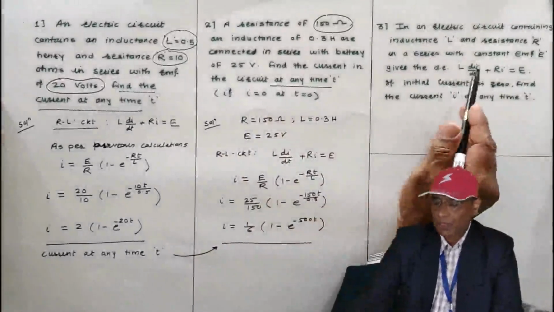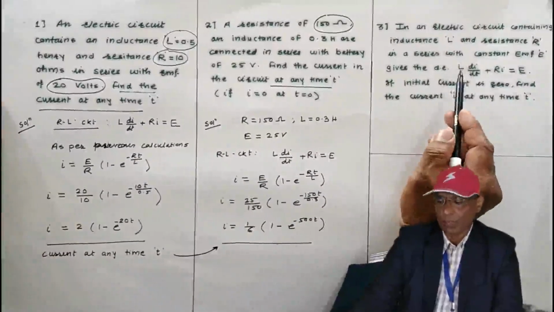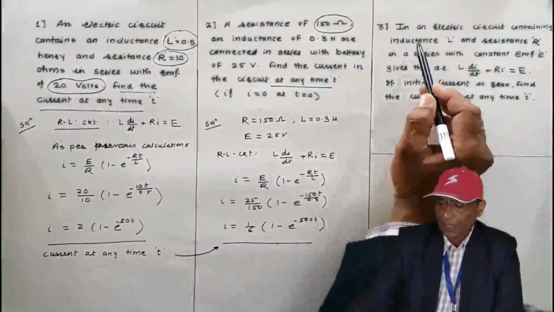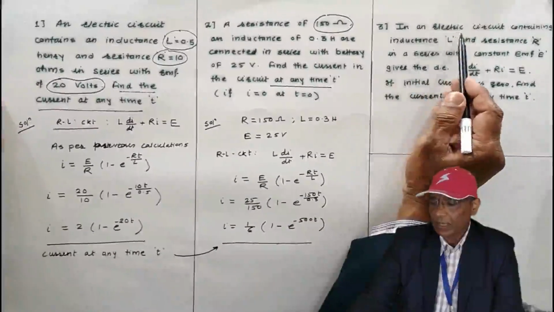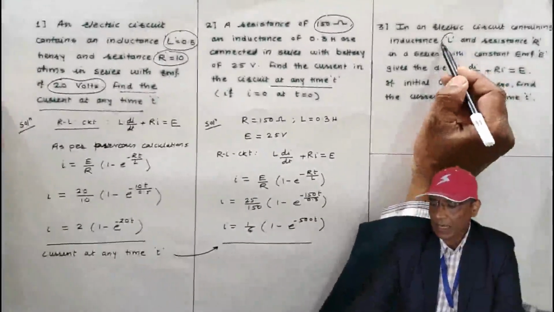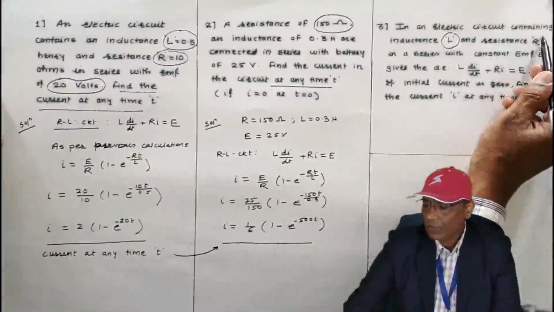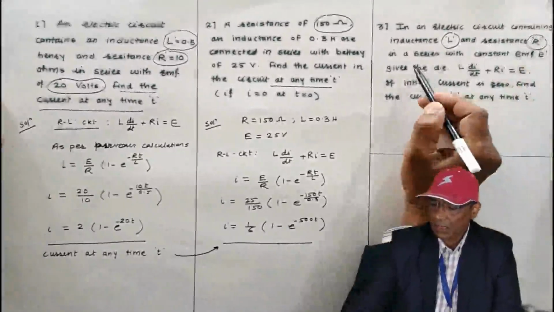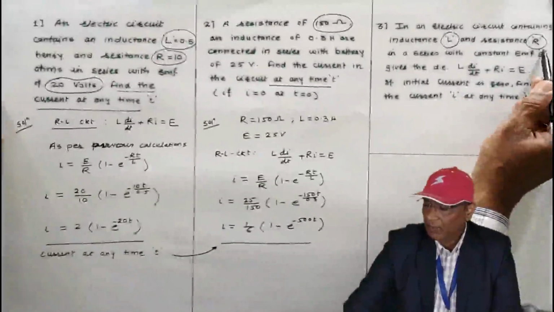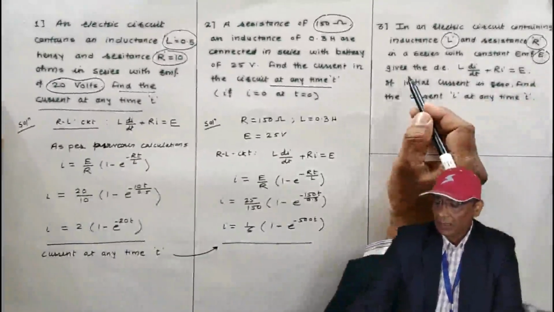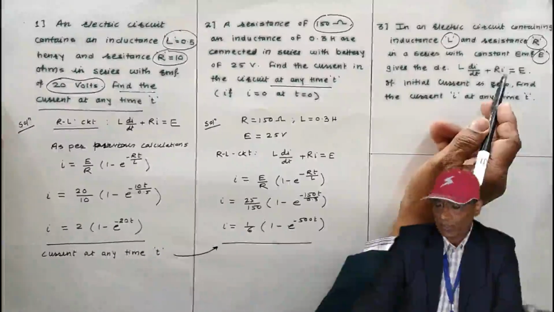Now, this is also asked in the examination this way. But this we have already done. See, in an electric circuit containing inductance L, in general, the fixed value is not given. Resistance R and EMF E, and the differential equation is also given.